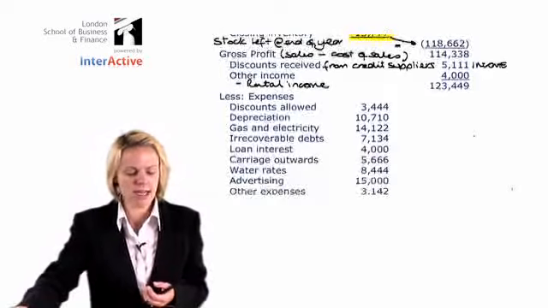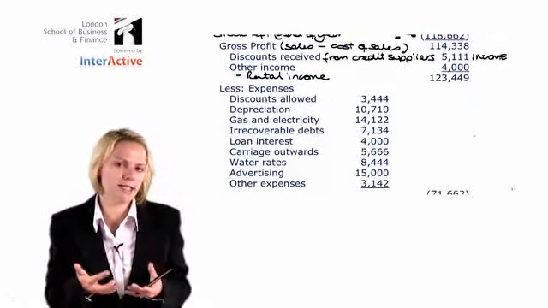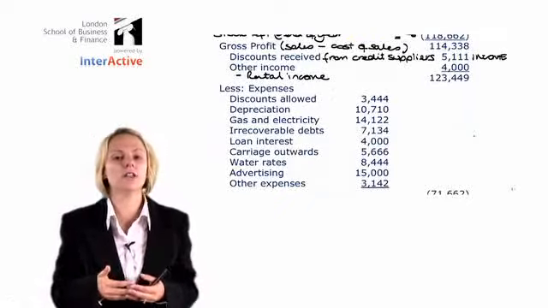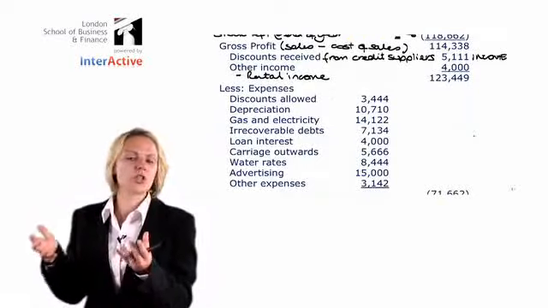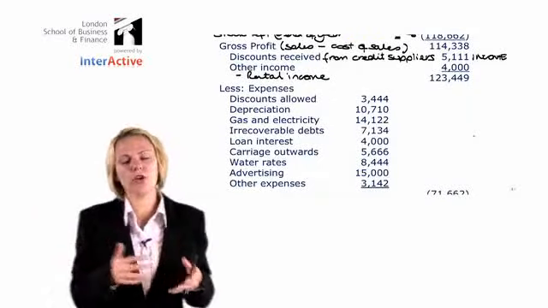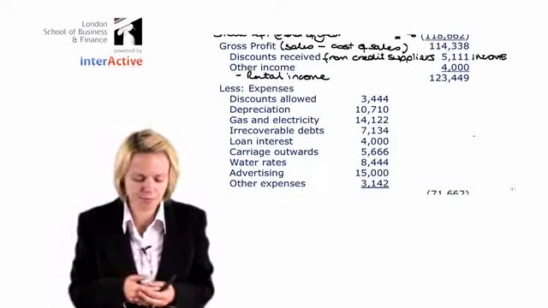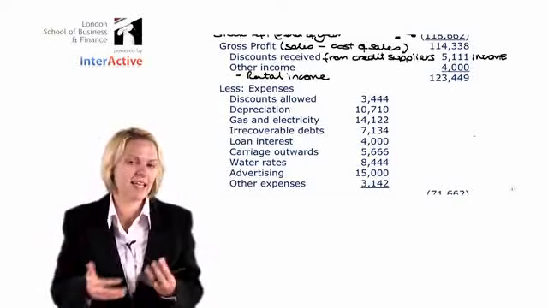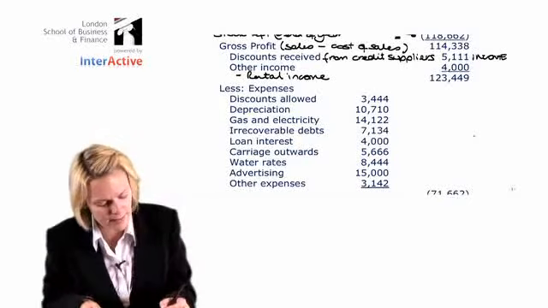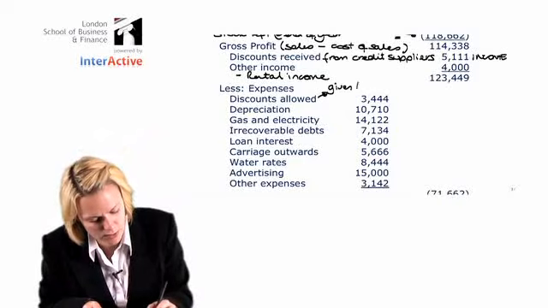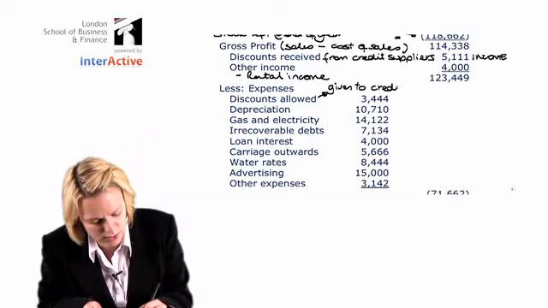Then what we must do is less all our other expenses. So all our other expenses that will be incurred, maybe not from cost of selling goods, but other costs that we could see happening in a business. So we could have discounts allowed. And this would be discounts that we have given to credit customers.